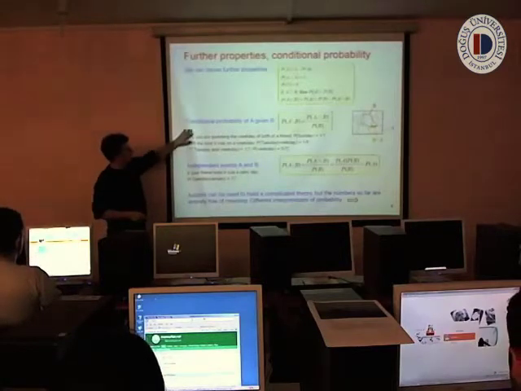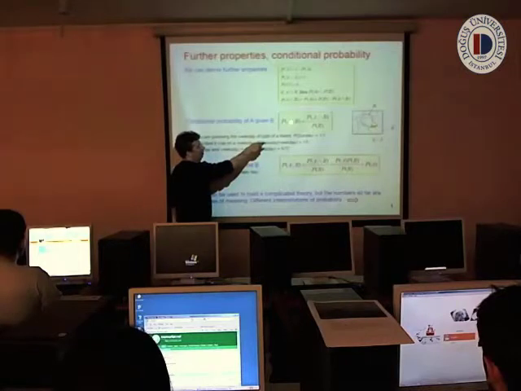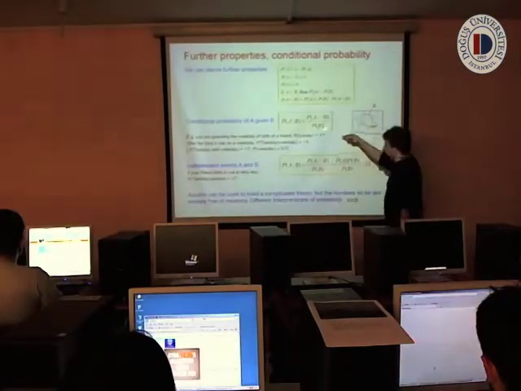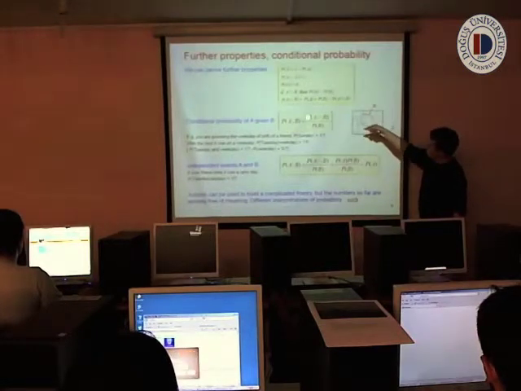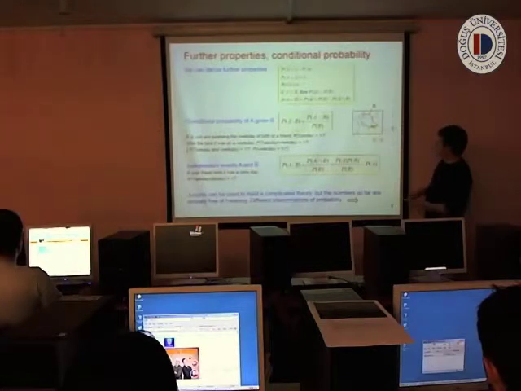There's also something called conditional probability. How likely is something if something else has already happened? This is defined as the probability that both have happened divided by the probability that only one has happened.